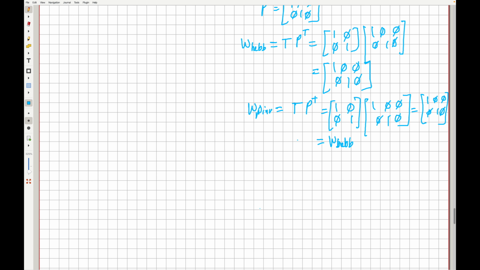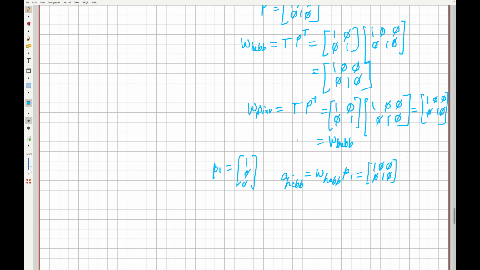Now if we try and recall an input, let's say we input P1. If we input P1, which is 1 0 0, to our weight matrix, then what do we get? Do we get the target? So let's say A is the output, and for Hebb we say that W Hebb is equal, and we dot W with P1, and so the W that we have is 1 0 0 0 1 0.